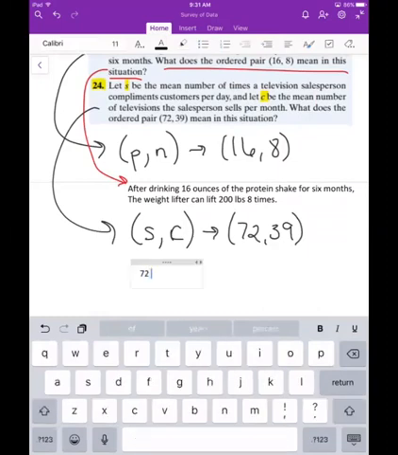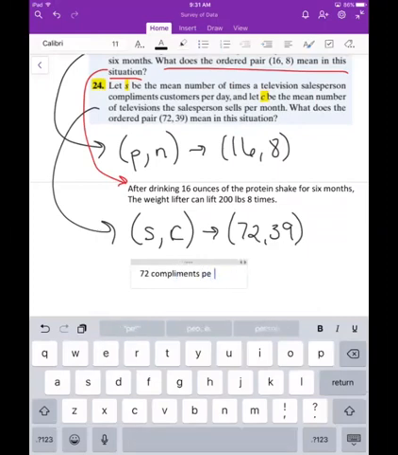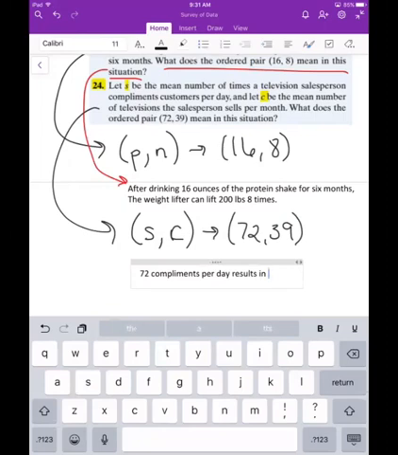So 72 compliments per day, that's our unit, results in, and we might even hear 72 compliments per day results in a mean of, let's see, what was it, 39 sales per month, okay?